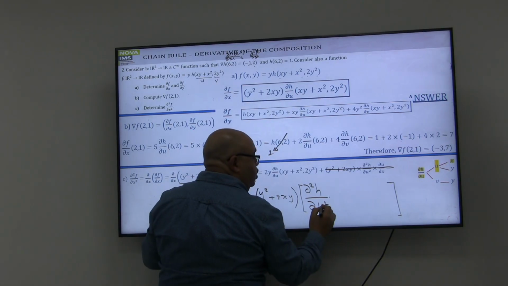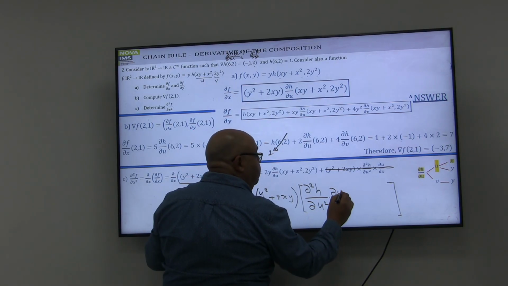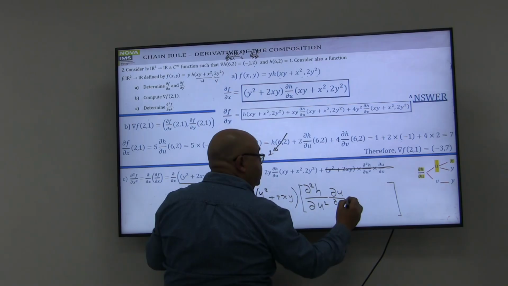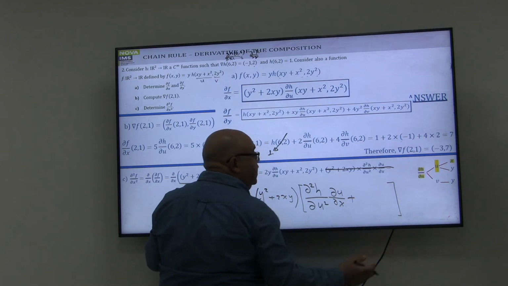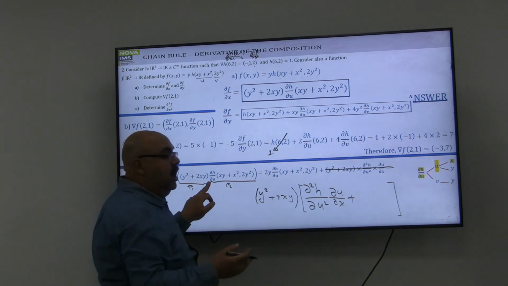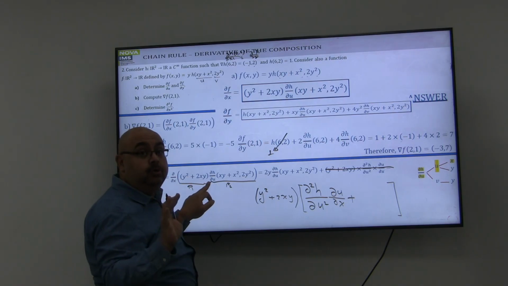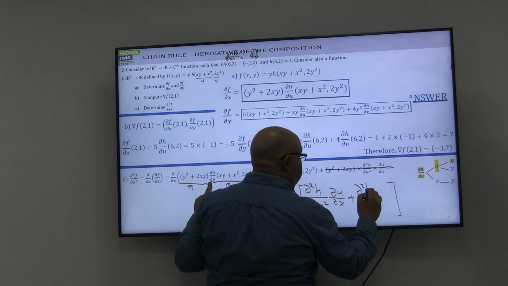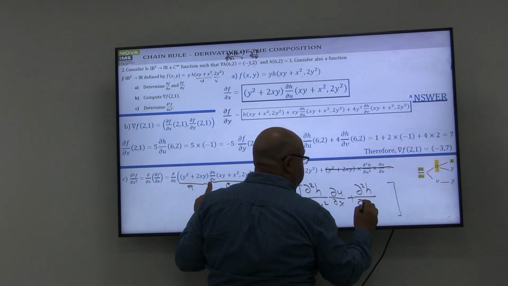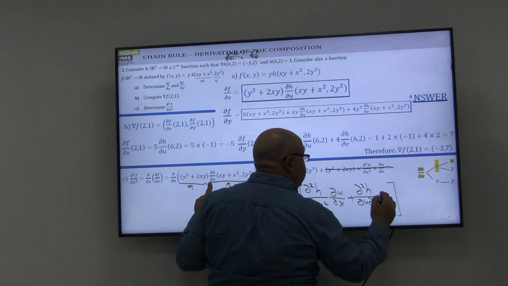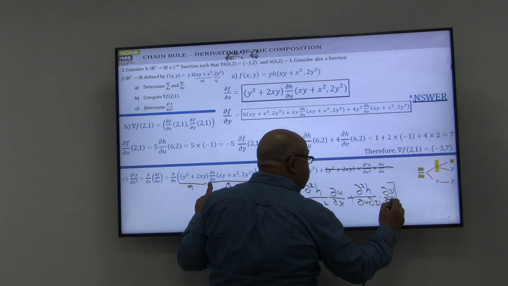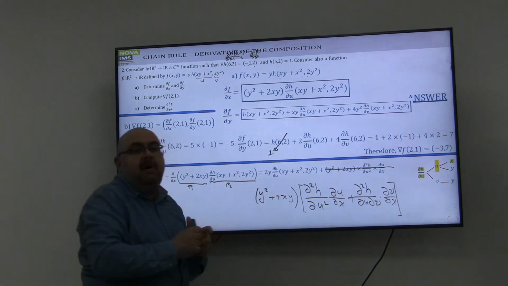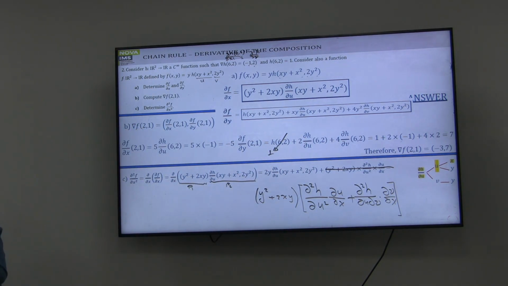You added partial u, so I will multiply by partial u, partial x. Then plus, it should be like this. Then plus, I'm still differentiating with respect to u. So I will take the partial 2h, partial u, partial v, then partial v, partial x.